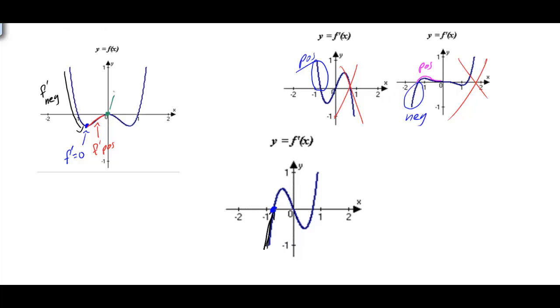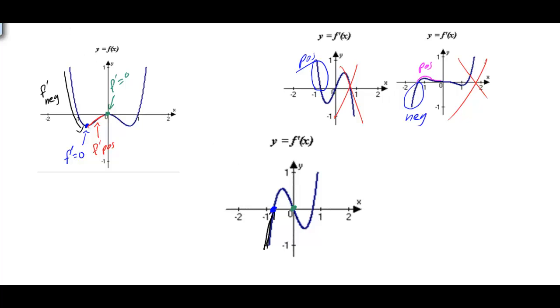Once again, we have a horizontal tangent line, so the derivative is going to be equal to 0. So right here at 0, our derivative is 0. Over here, we can notice the graph at 0, our derivative is certainly 0.